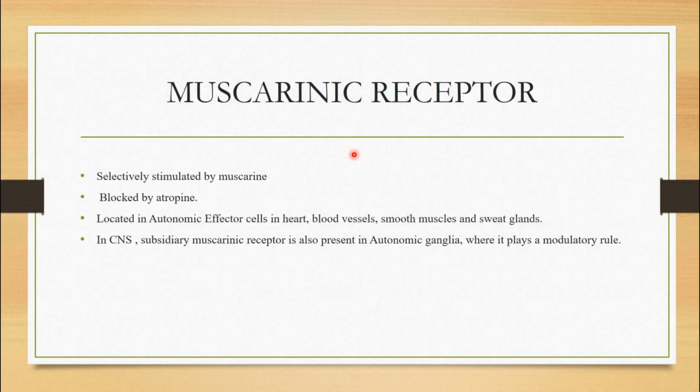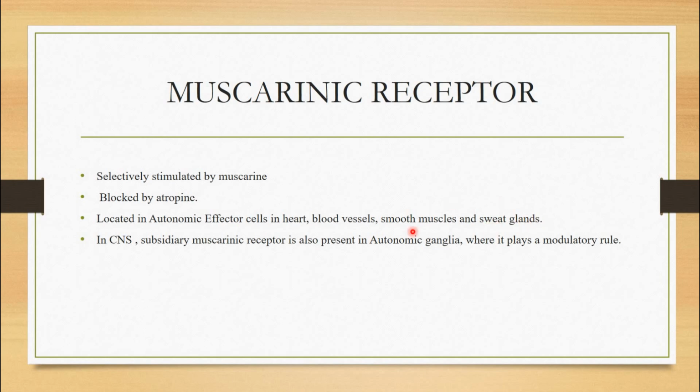So now what is muscarinic receptor? Muscarinic receptor is stimulated by muscarine. They are blocked by atropine and they are located in the autonomic effector cells in heart, blood vessels, smooth muscles and sweat glands.